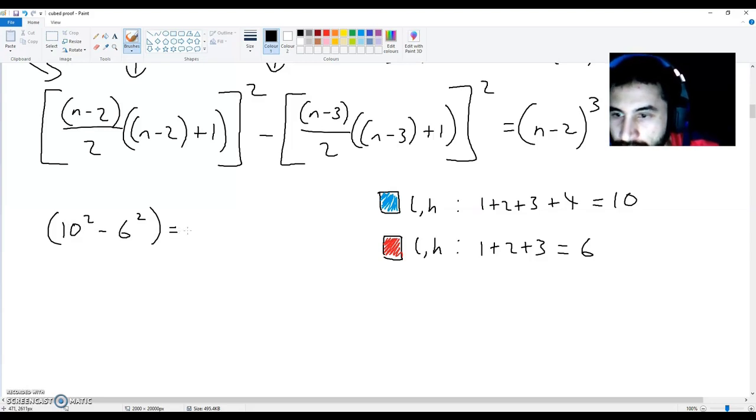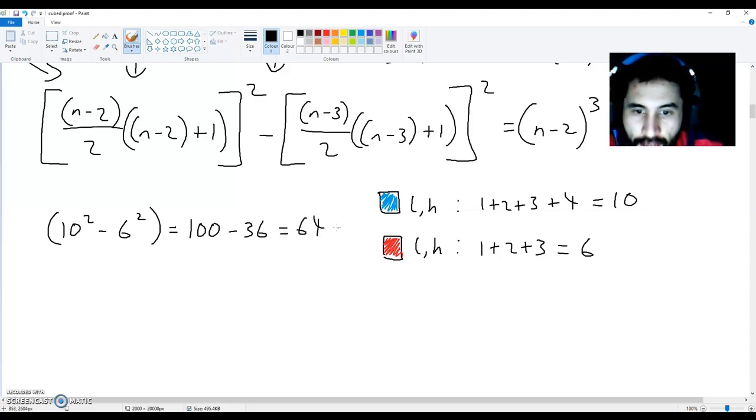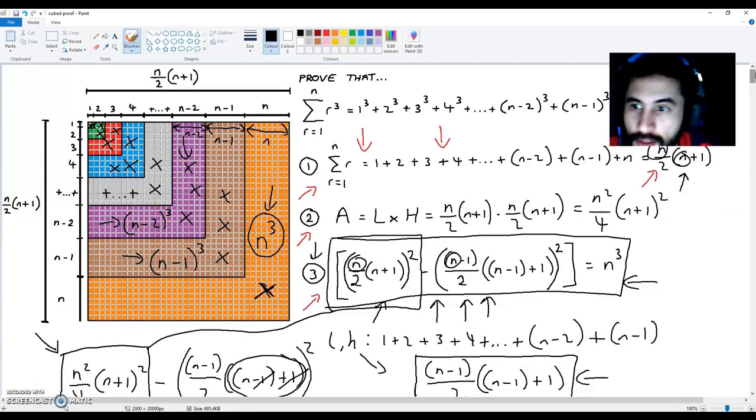Well, this is the same as 100 minus 36, and that gives us 64. And 64 is 4 cubed. So we know that this area shaded in blue is 4 cubed. I've written that down over here.